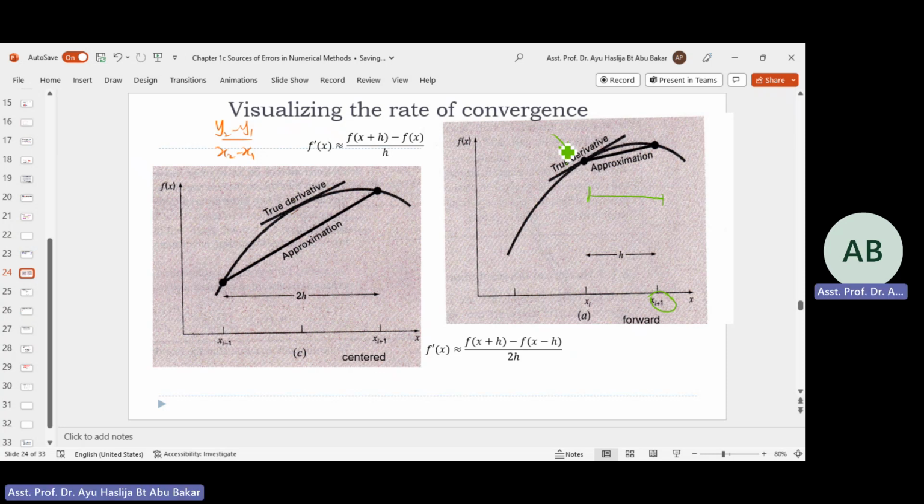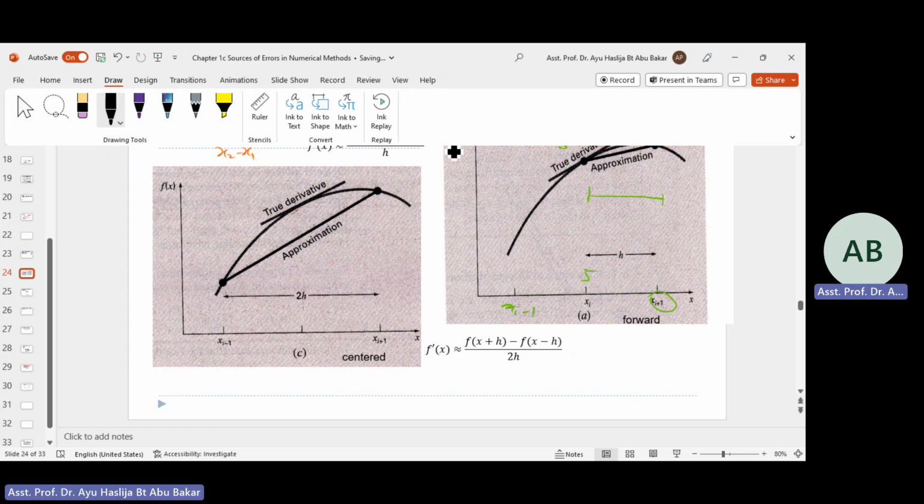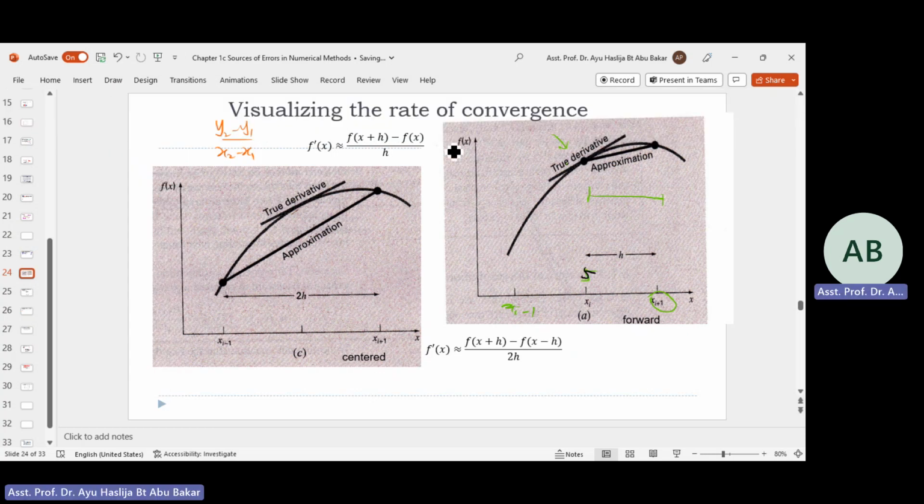If it moves backward to x i minus 1, for example, just now we used 5 and step size h equals 1, so 6 here should be 4.